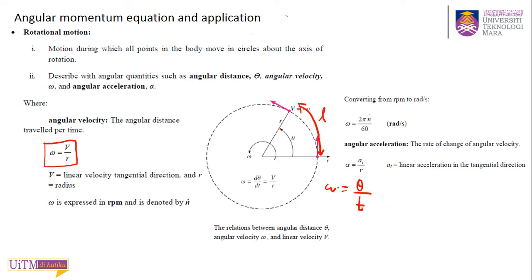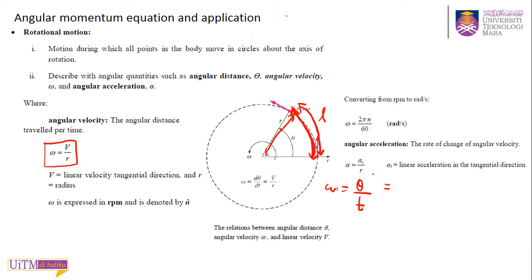Okay, this is your original equation, and you know that this theta can be written as L, this length, over the radius. This is something that we learned before in secondary school.